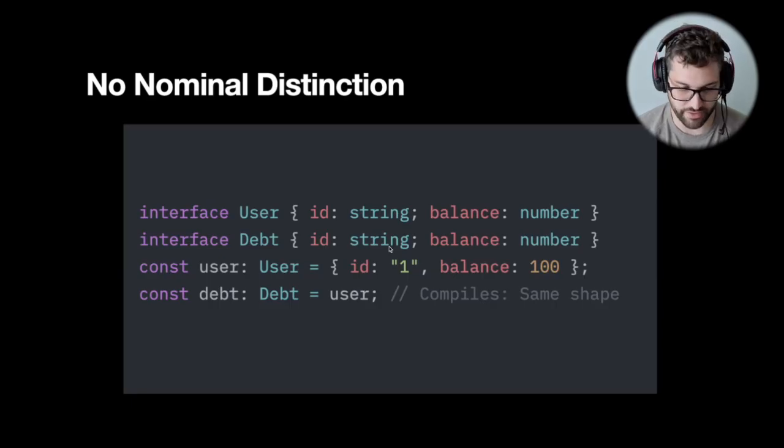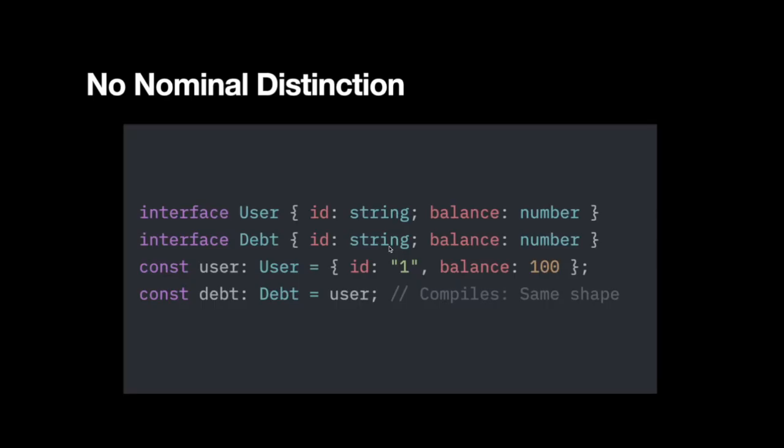We can easily create a user with the type or the shape of User, and then we can assign user to debt with the type Debt, and it compiles because it has the same shape, and TypeScript makes no distinction based on the type name, only the shape. So that's what we mean by structural typing.